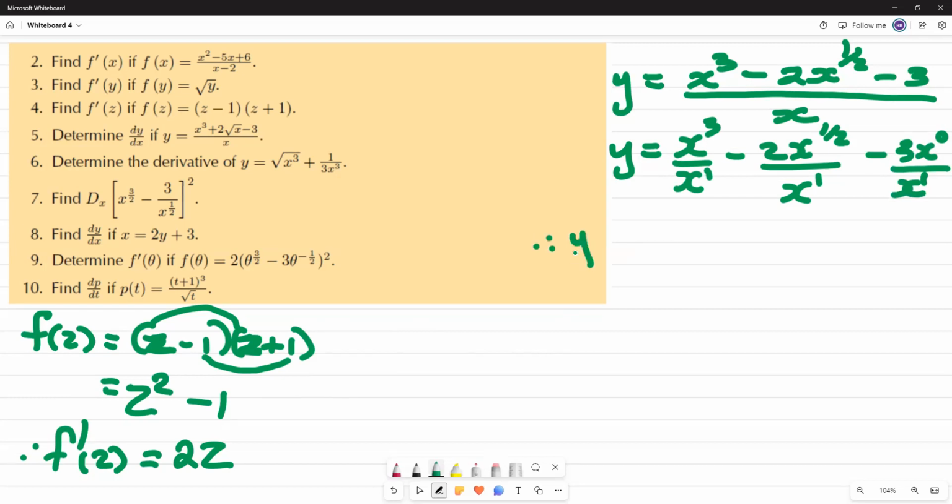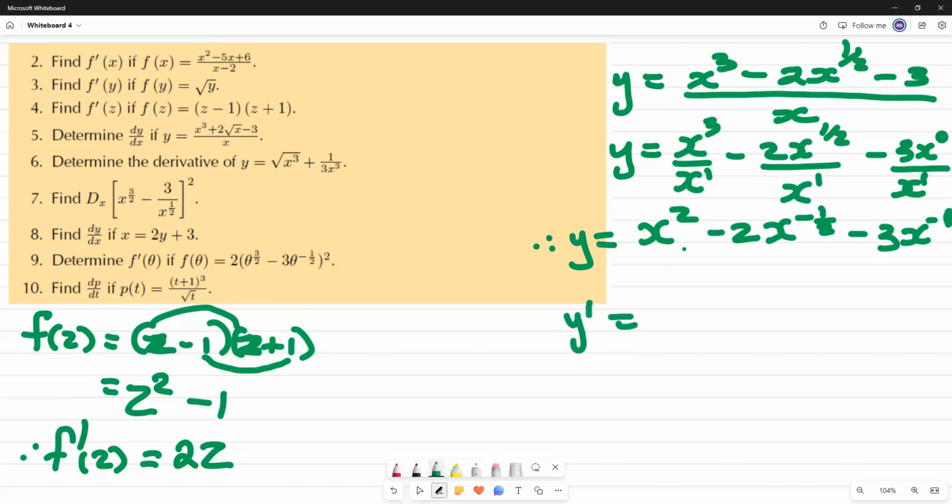Therefore, you can see that your y is going to be, here you subtract, you get x squared. And then you have minus 2x, let's see, it's half minus 1, it's minus half. Then there you're going to have minus 3x to the power negative 1, because 0 minus 1 is negative 1. You see, now we can do y prime.